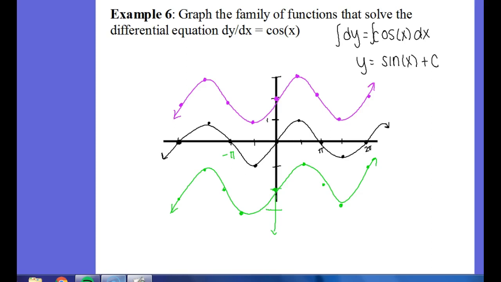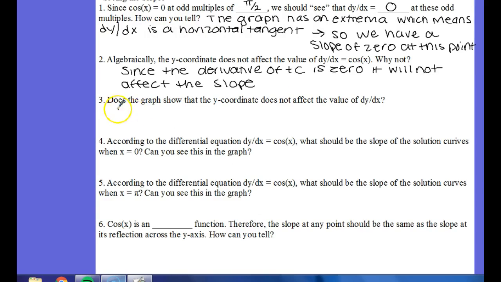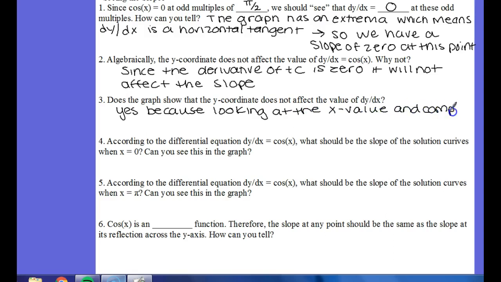So I would say yes, because looking at the x values and comparing the slopes of those values, they are the same.